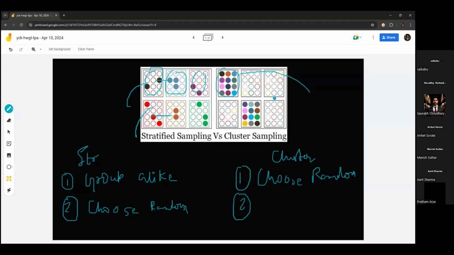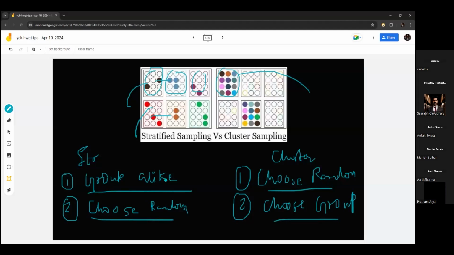You will not choose a random one. Now you choose the complete group. There is little bit different, but you have to understand. There is only the steps are getting interchanged.